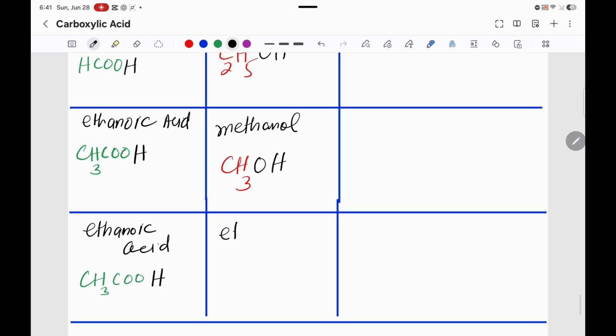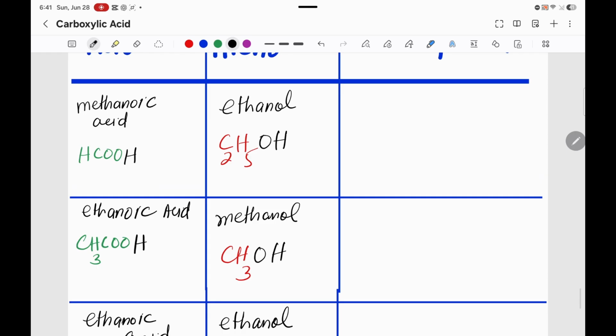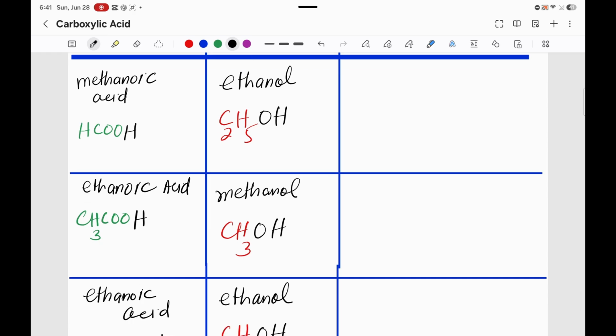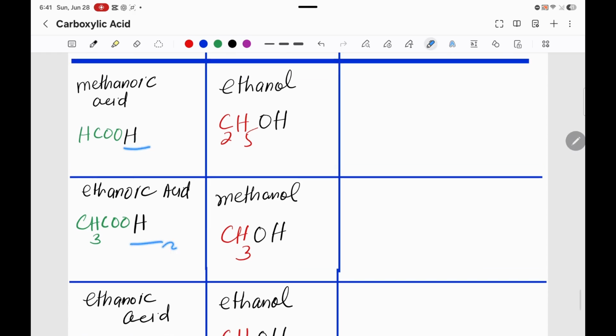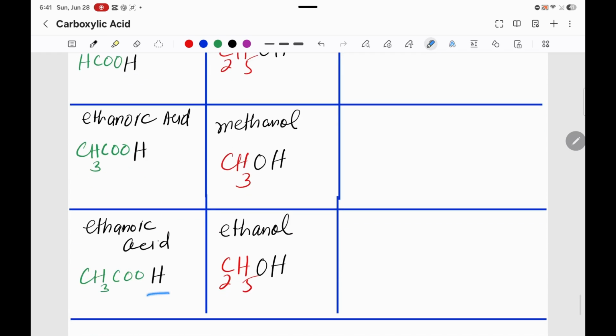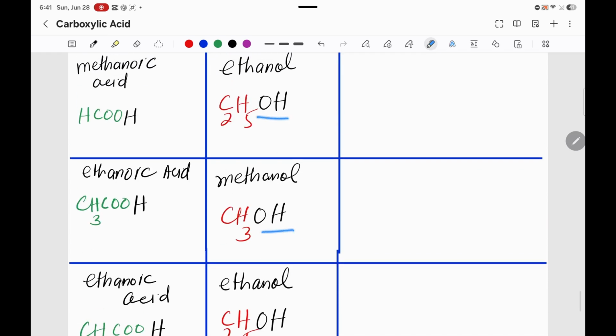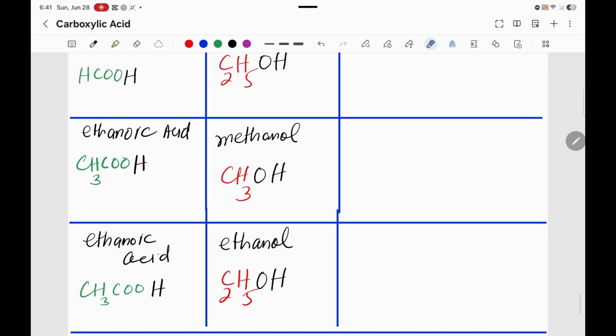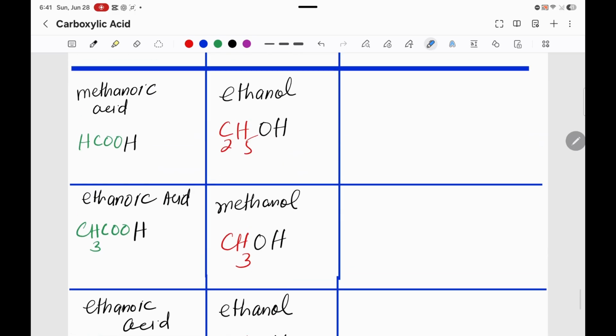Then I'm again gonna use ethanol, that is C2H5OH. Okay, now look at the formula. First of all, I'm gonna make the formula. Of course, the water will be removed, and all the H that I have written with black color will be removed from here, and all the OH that I have written with the black color will be removed. So whatever is left, I'm gonna write it.